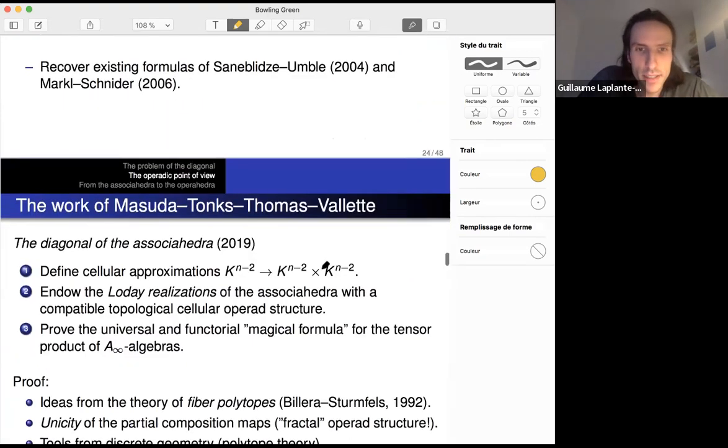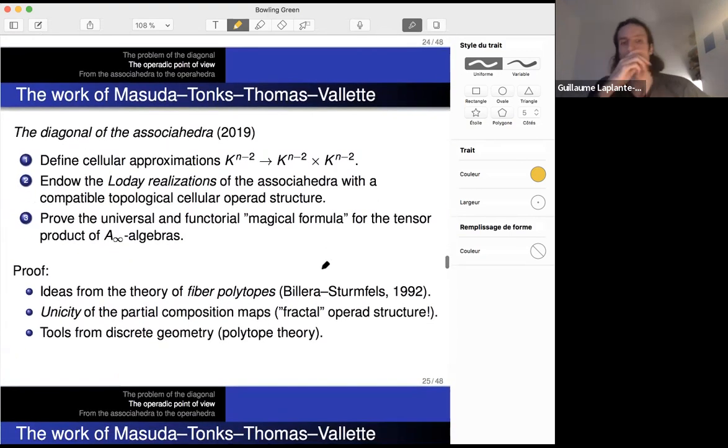And maybe a word about the method that they use. Well, they borrow ideas from the theory of fiber polytopes of Billera and Sturmfels, which is a very beautiful theory. I would be very happy to tell you a bit more about it at the end if you're interested.